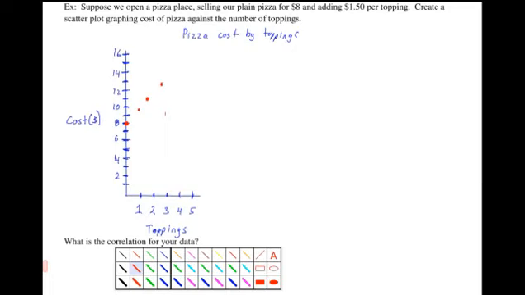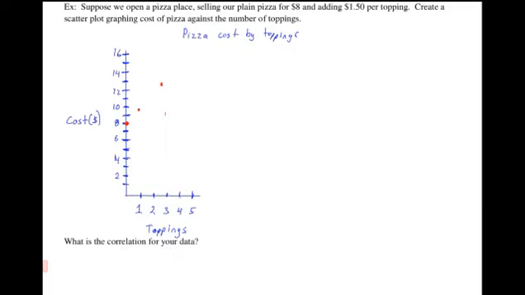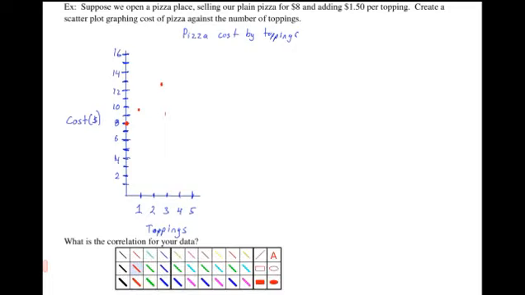I think my spacing's off a little bit there, but we'll kind of fix that. There we go. $14 for 4 toppings, and $15.50 for 5 toppings.